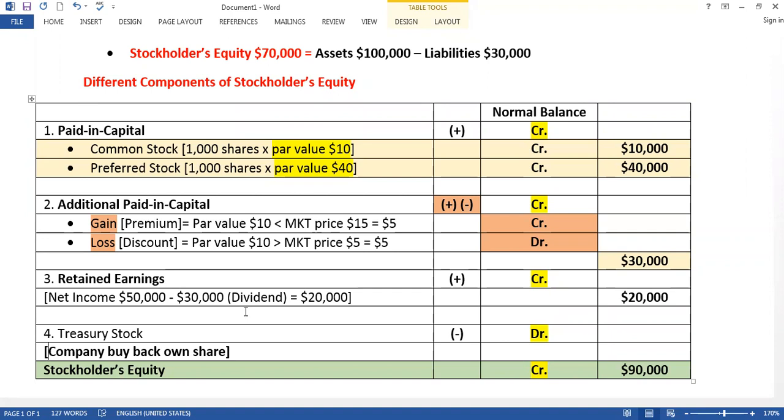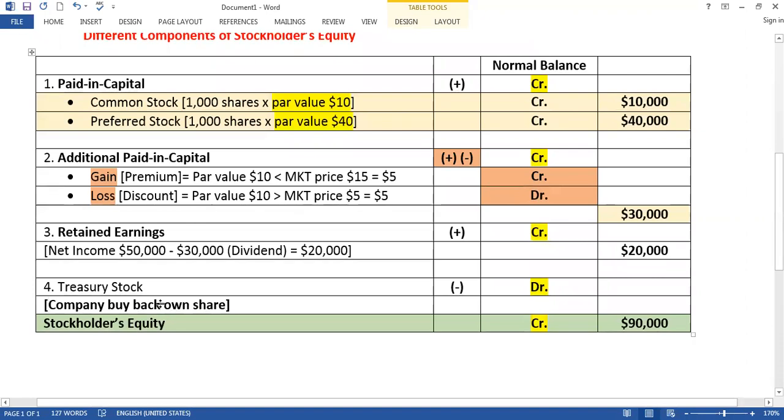Treasury stock is the same concept. The company sells a stock, and then the company calls back the stock. The company says, do you want to sell the stock again to me? Okay, then give it to me, I will give you money back. Do you understand? It is the same concept as buyback of bonds. So look at the definition: the company buys back its own shares.